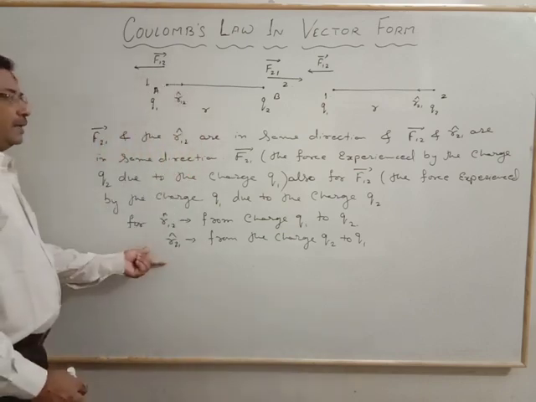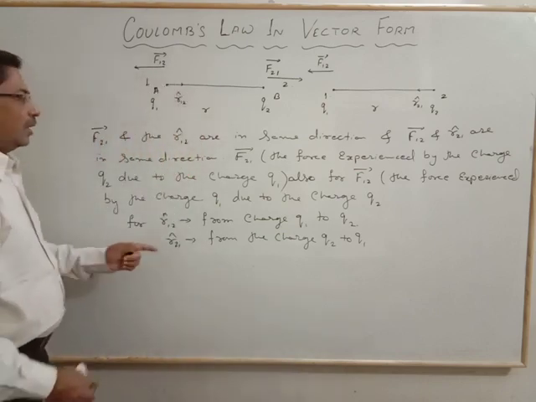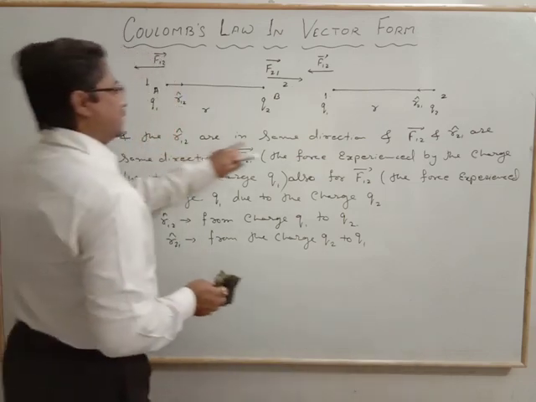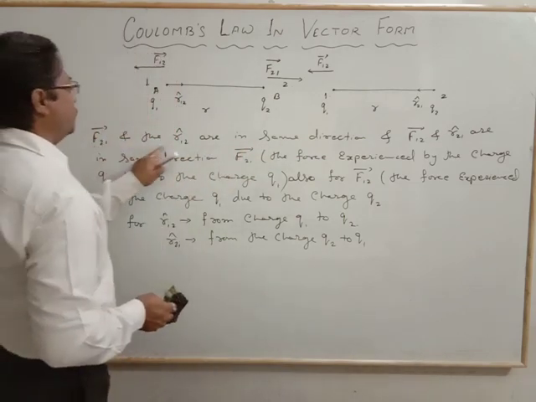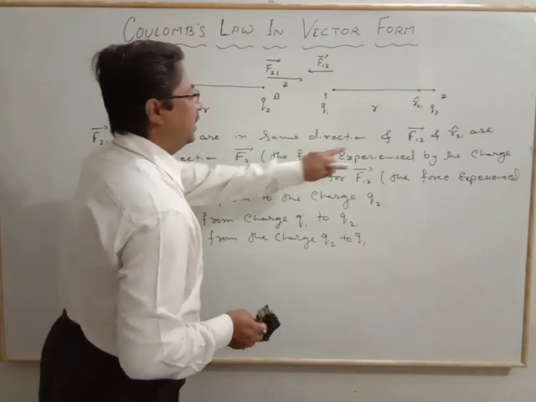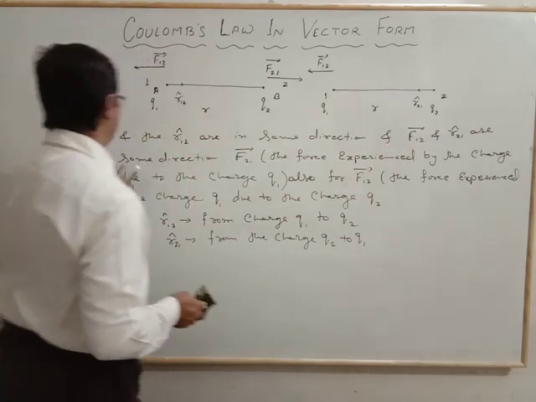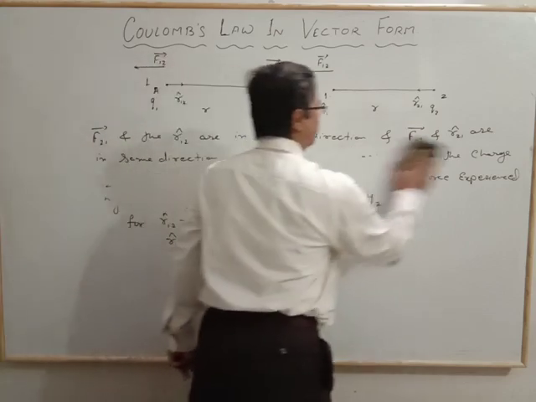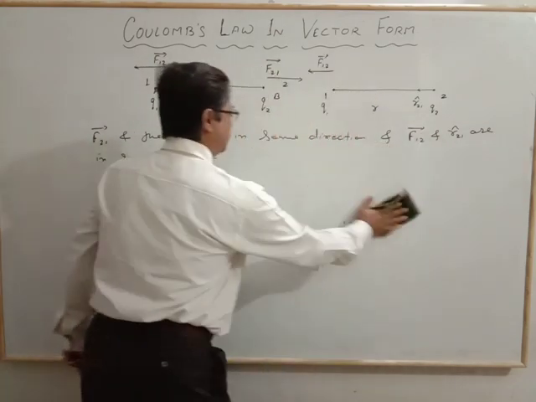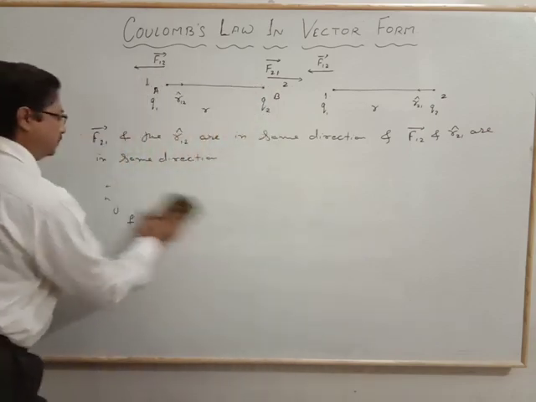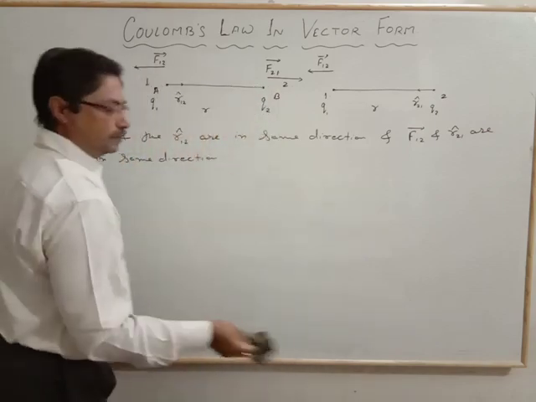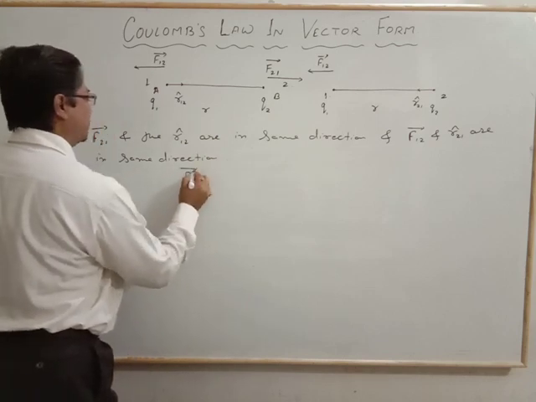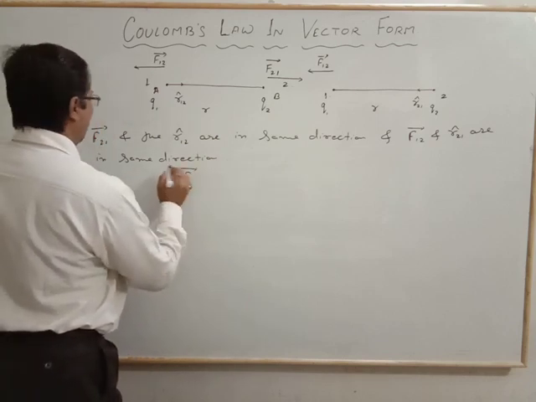So this is the way we can represent it. Now in vector form, the two forces F12 and F21 are given, and these are in the same direction.